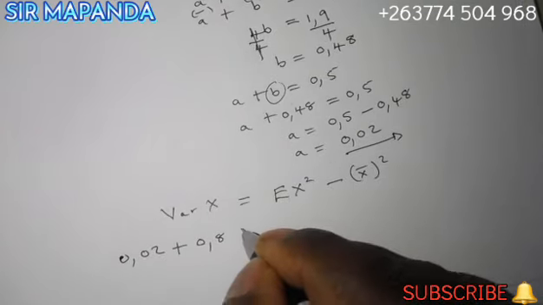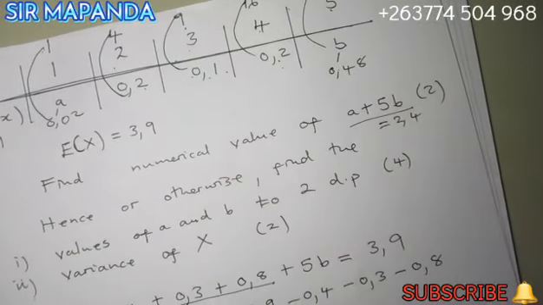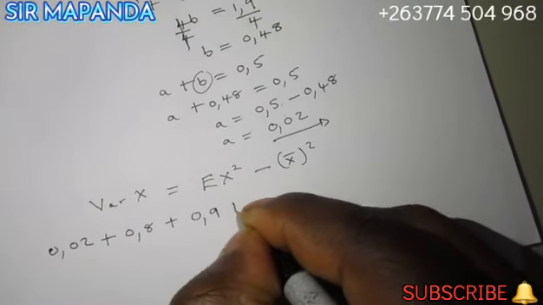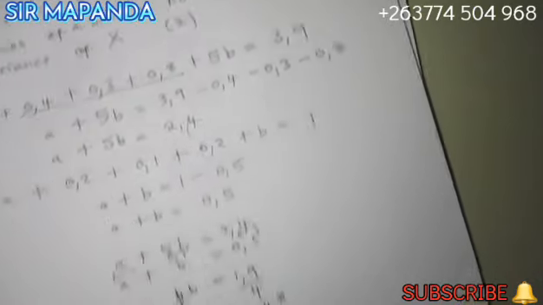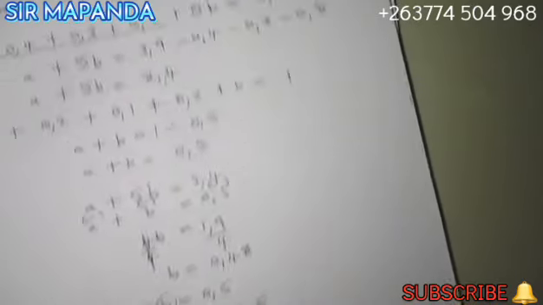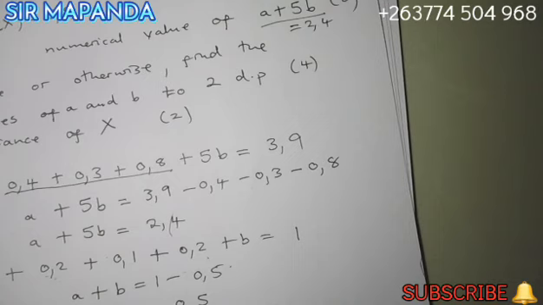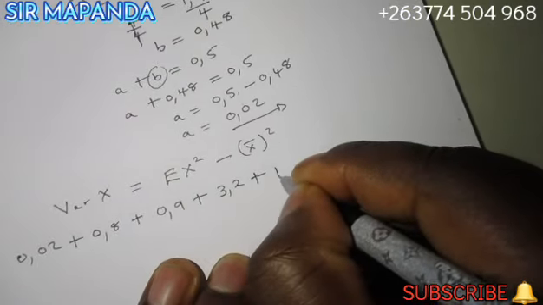You write 0.8 here, plus 9 times 0.1, you get 0.9. So plus 0.9 here, you put another plus. 16 times 0.2, what do you get? 3.2. So you write 3.2 plus 25 times 0.48, you get 12. So you write plus 12 here.